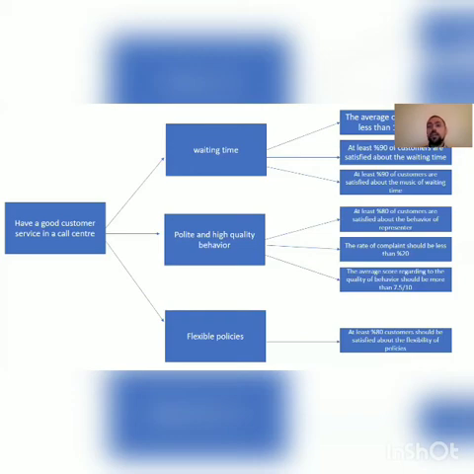Second one, polite and high quality behavior. Third driver is flexible policies. So how can we understand we have an acceptable aspect of waiting time? If the average of the waiting time is less than 10 minutes.